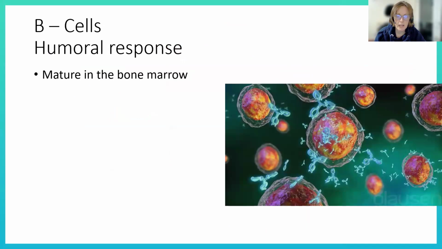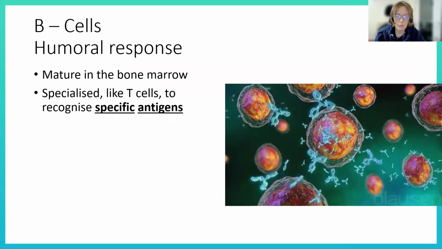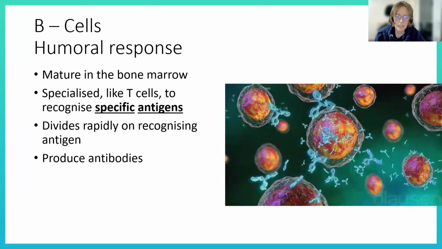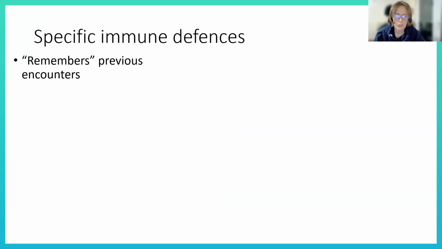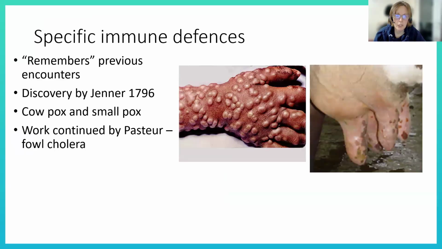And some of these B cells mature in the bone marrow. They're specialized, they recognize specific antigens, and they divide very rapidly on recognizing an antigen and produce antibodies. They stick to the antigens. You can see them coating the surface of these cells here, marking them for destruction. And then if we get a secondary infection, they'll remember the previous infection and activate an immune response.